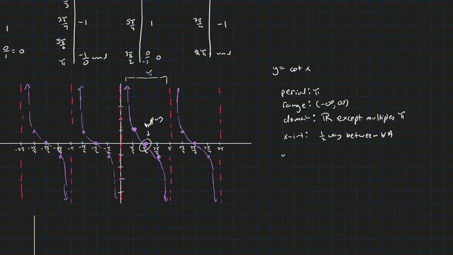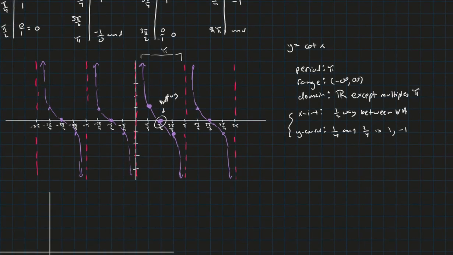Then we have our y coordinates. At 1/4 and 3/4, now it's flipped. Just be careful. This one is flipped to 1 and negative 1 respectively. So there we go. Those are the three things we're going to use to basically graph cotangents.